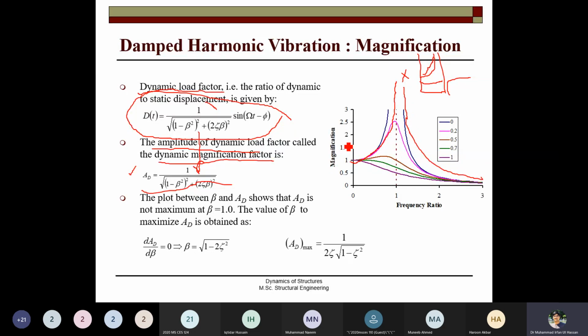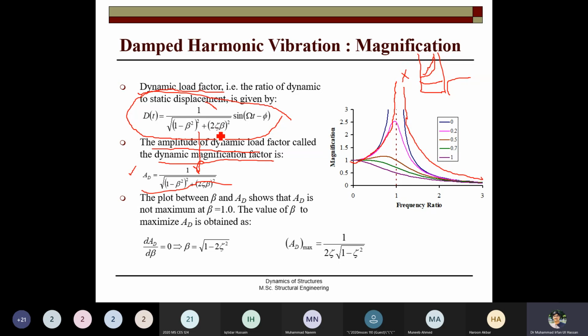So this is the very important plot which represents the amplitude of the dynamic magnification factor AD as a function of frequency ratio. And what we see is that the more the damping, the more the amplitude and the magnification are reducing, but for less damping, for civil engineering structures about 0.1, 0.2, you see the behavior is that when the frequency ratio reaches 1, the magnification becomes infinity.